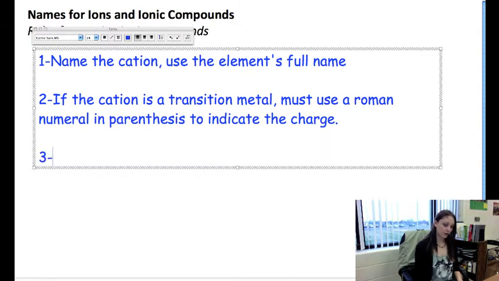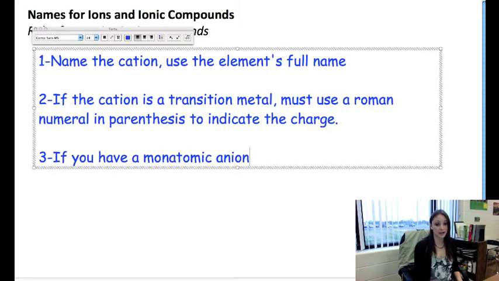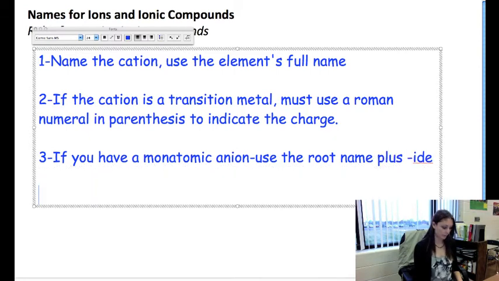Then, the third thing, if you have a monatomic ion, and this would be the anion portion, you use the root name plus IDE on the end.